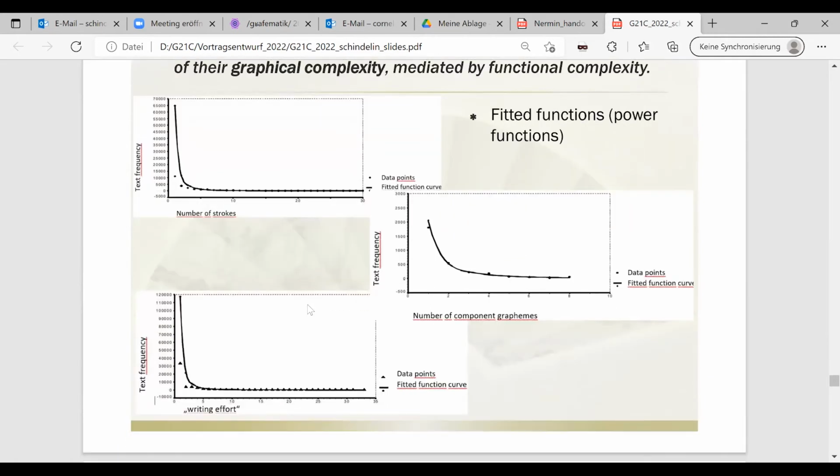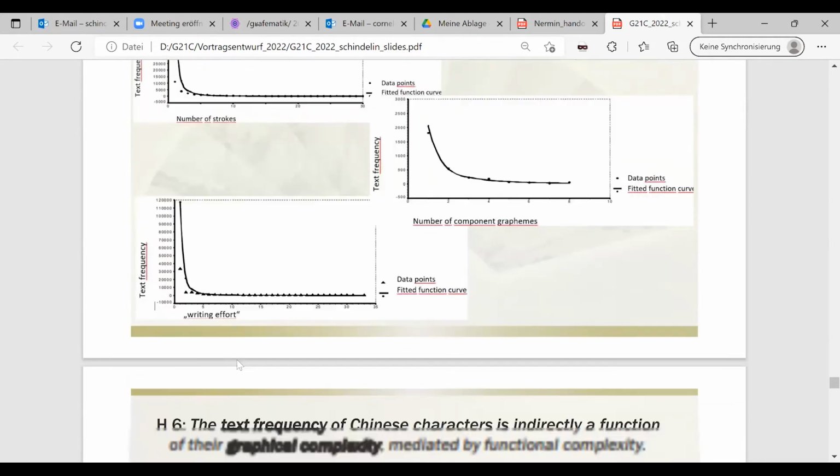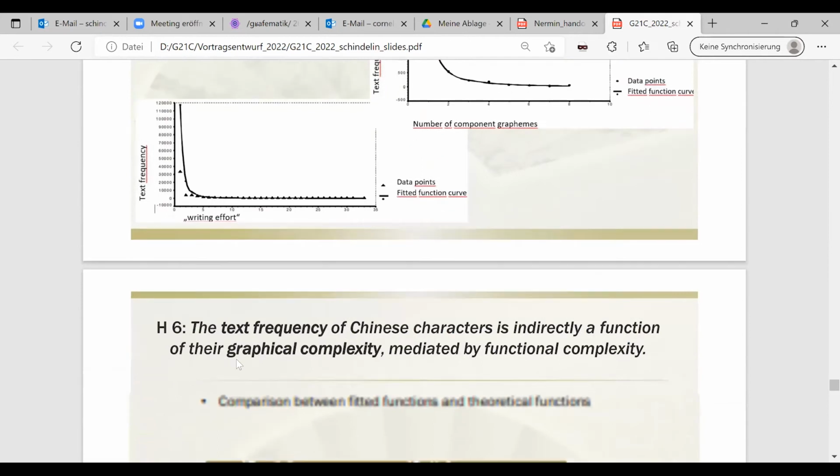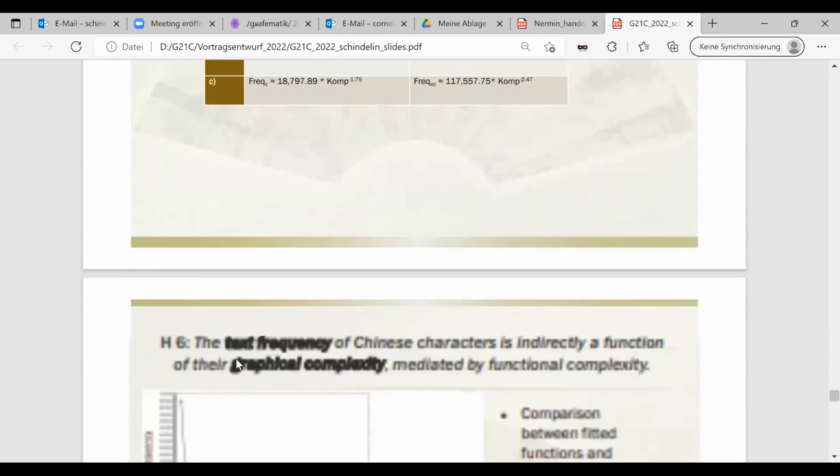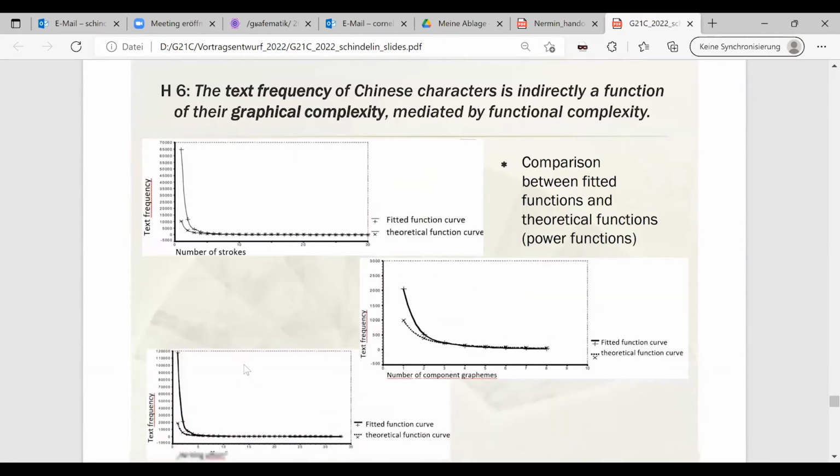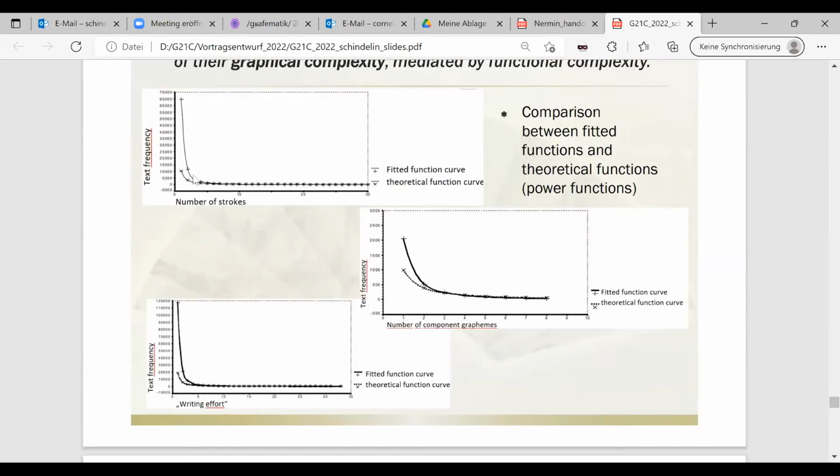And you can see from the curves, because of number of data points in certain regions, some points are below the curves. But when we compare with the predictions from the theoretical function, we again see that the curves are not very overlapping in some places, especially where the number of strokes or component graphemes or the writing effort is very low.